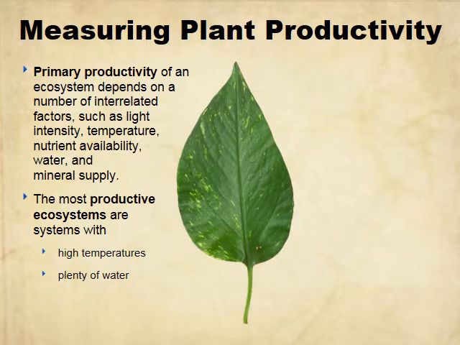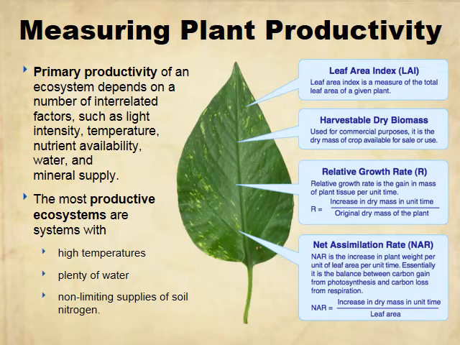Most productive ecosystems have high temperatures, plenty of water, and a lot of soil nutrients. If you look over here, it gives you a couple different ways to actually measure plant productivity. We won't be doing any of these in class, but just know there are different ways to measure plant productivity.